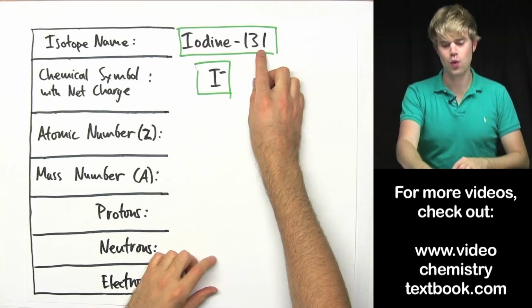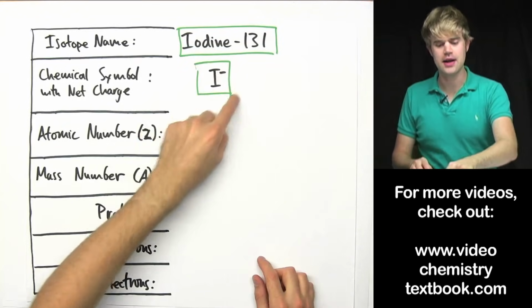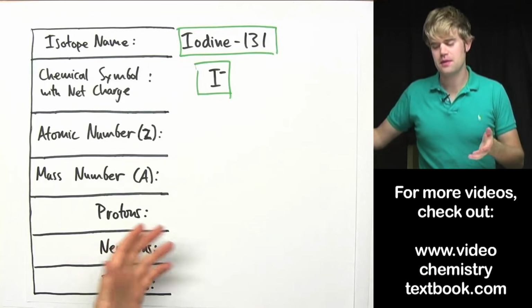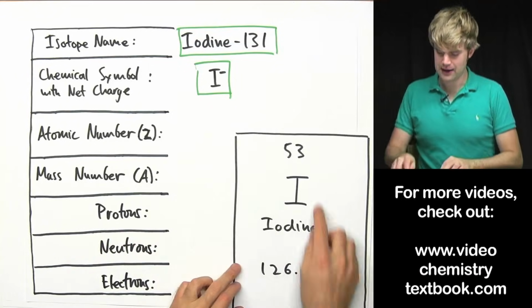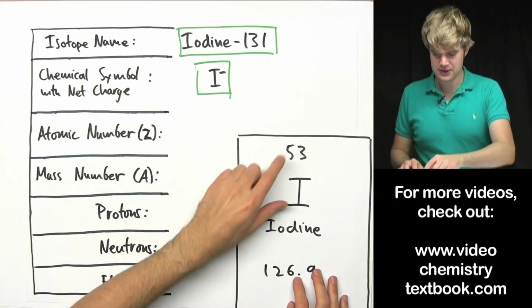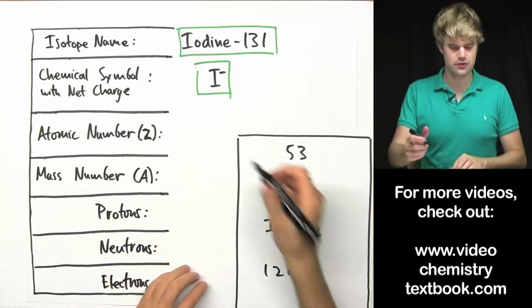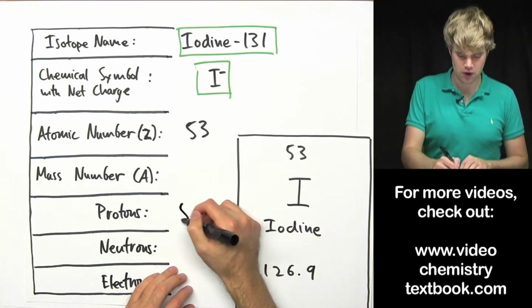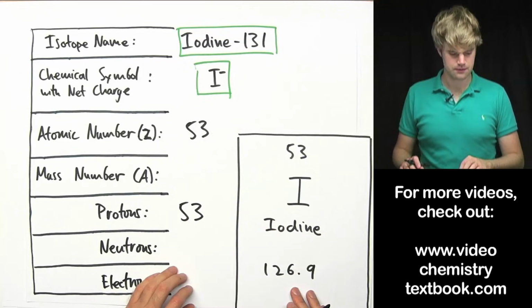Iodine 131, and it has a negative charge, 1-. Let's start by looking it up on the periodic table. We find iodine, big capital letter I. It has an atomic number of 53. So 53 here. 53 is also the number of protons.